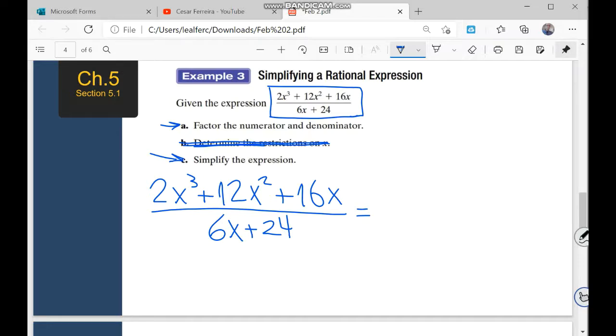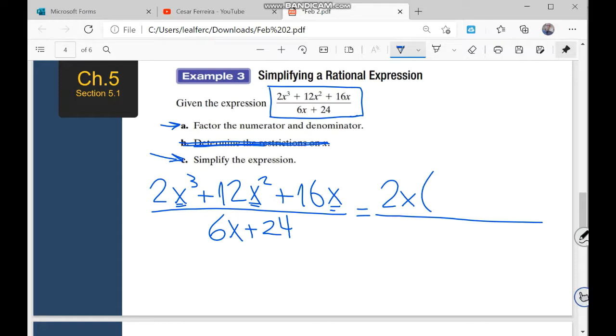The greatest common factor. If you check the coefficients, one greatest common factor is going to be 2, right? 2 is common to all the terms on the numerator. And if you look at the variables, you have x cubed, x squared, and x. You're going to factor out the one with the lowest exponent, so just x. x is common to all the terms.